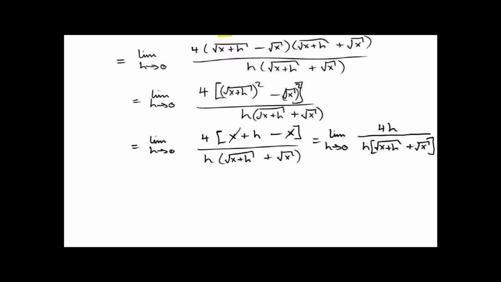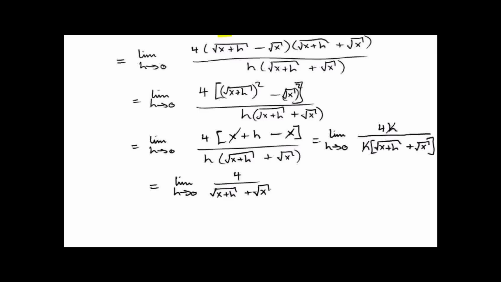Okay? H on the bottom, h on the top cancels out, and I'm left with the limit as h approaches 0 of 4 over root x plus h plus root x. Okay? Everybody happy with that? All I've done on that last line is just cancel the h's, nothing more.